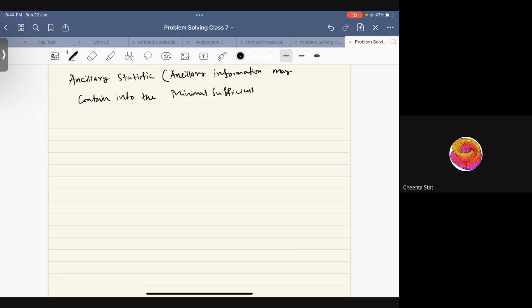Minimal sufficient also implies sufficient, right?